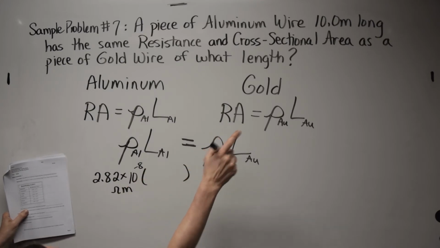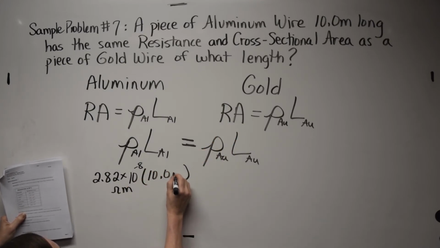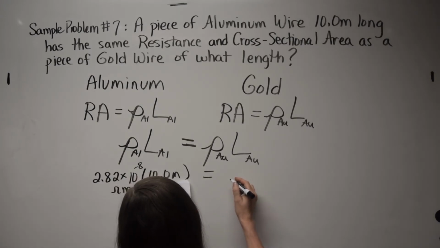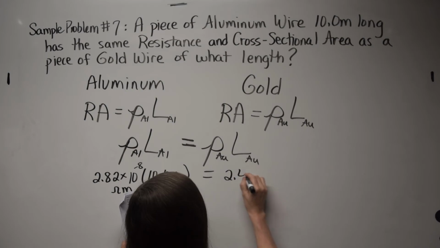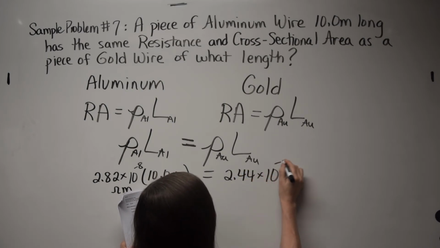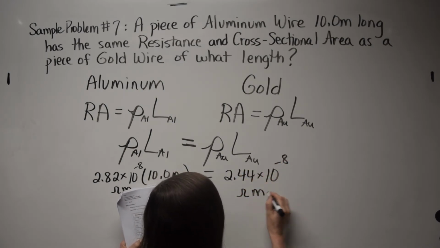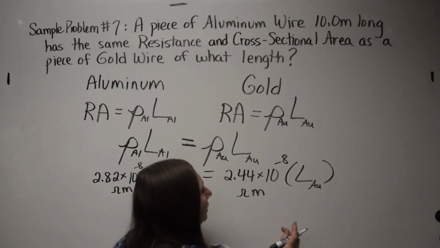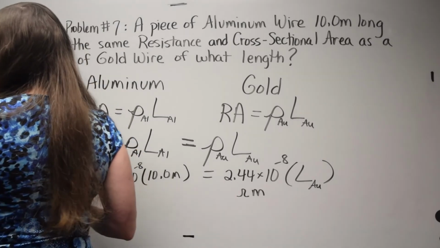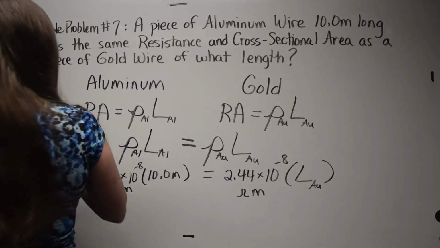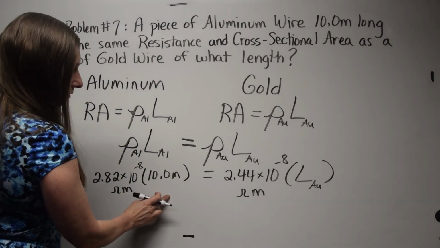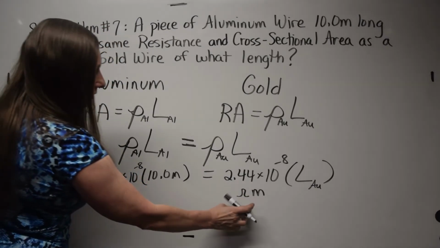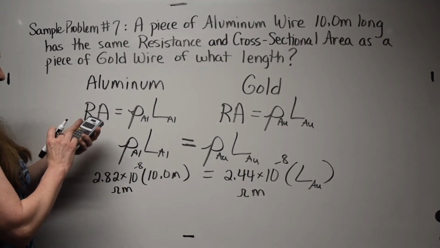The length of the aluminum wire is 10 meters, equals the resistivity for gold, which is 2.44 times 10 to the negative 8 ohm meters. And what we don't know is the length of the gold. That's what we're trying to figure out. So I'm going to multiply these two, divide by that one, and we've got our answer.